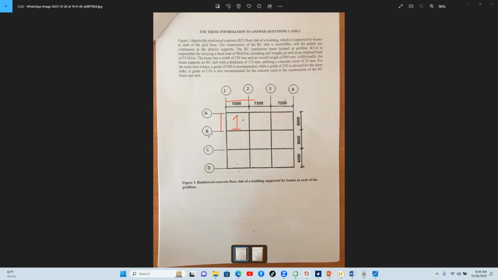These are the types of panels we have in the slab formations. So let's try and classify these panels.